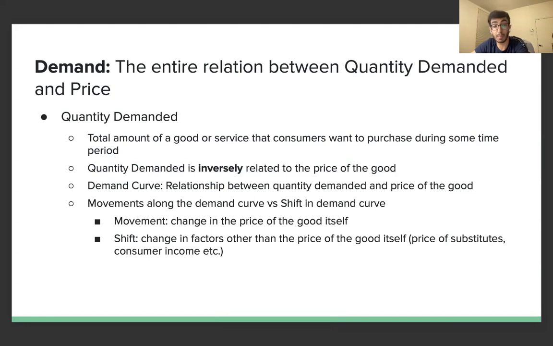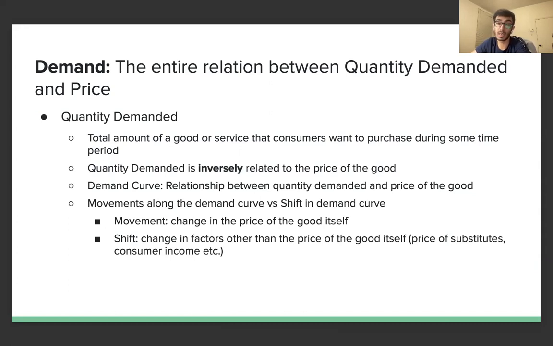And demand is that entire relation of all possible price points, and for each of those price points you have a certain amount of quantity demanded. So the entire curve is demand, and quantity demanded is basically the amount of good for each of those price points. Quantity demanded is inversely related to the price of the good.